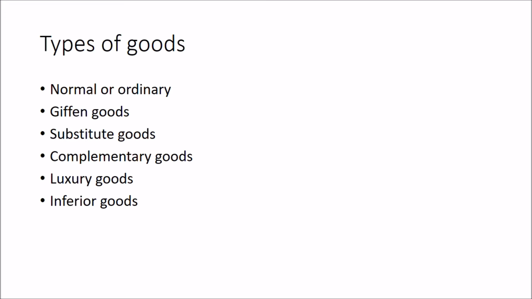As an economy got richer, people would stop pedaling their cycles around and go and buy themselves a little car. And then as they got even richer, they'd stop buying budget cars and buy expensive cars. So this is the movement between inferior to normal to luxury goods.